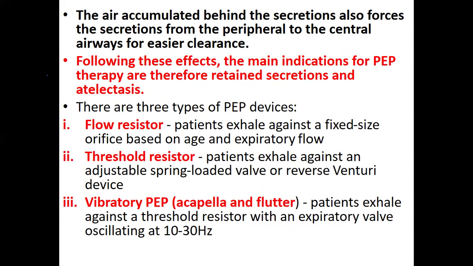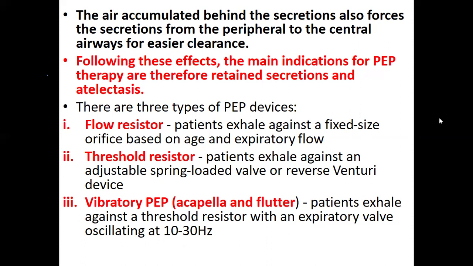Following these effects, the main indications for PEP therapy are therefore retained secretions and atelectasis. So following retained secretions and atelectasis, you will use this technique so that the secretions are brought to the central part and they are excreted.